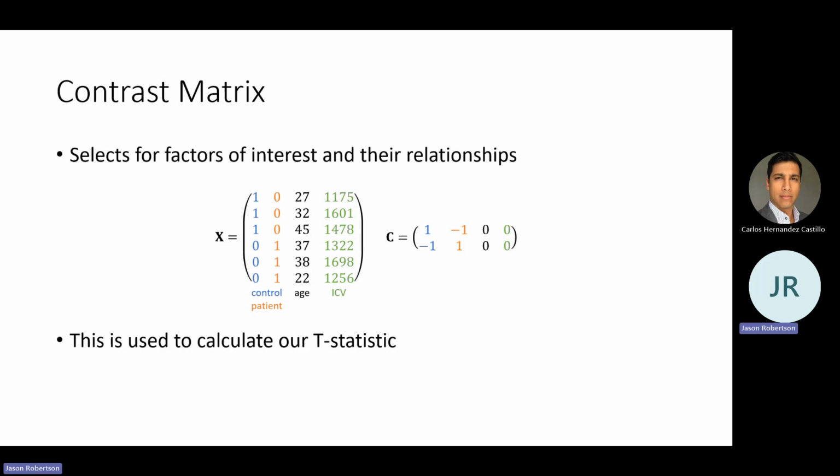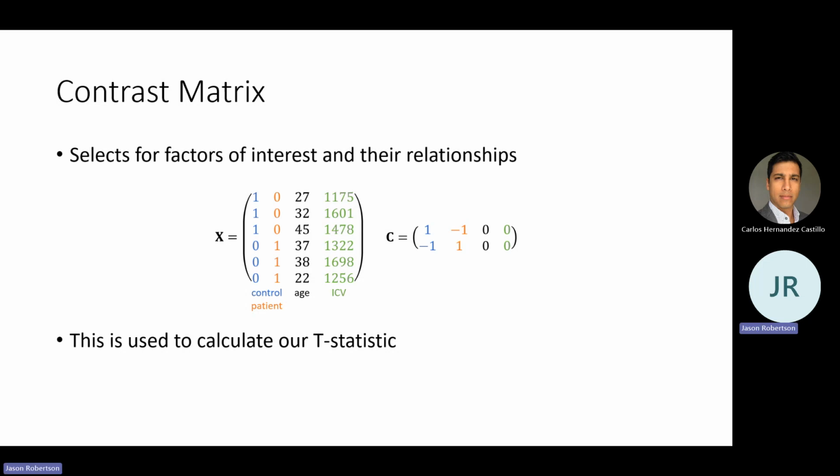You could do a linear model, and then you will have the same contrast, the blue and the orange, and it's just comparing your 2 groups directly. When you add the age and the ICD, in this case by adding the zeros in these 2 columns, what it's doing is controlling for the age and controlling for the size of the head. So the comparison is better, because you are including more information in the model.